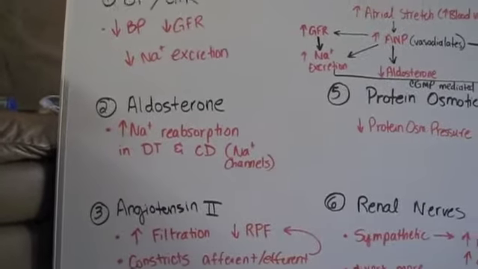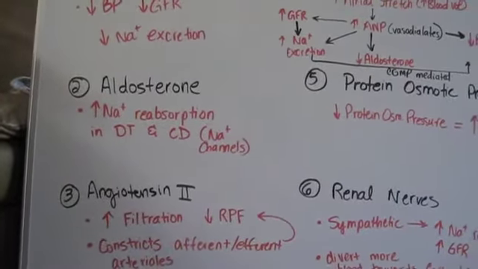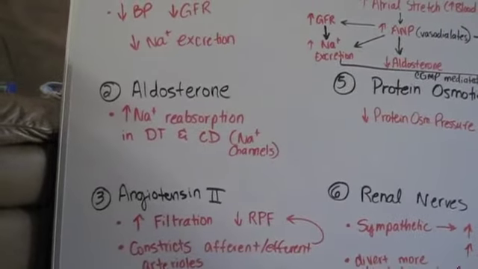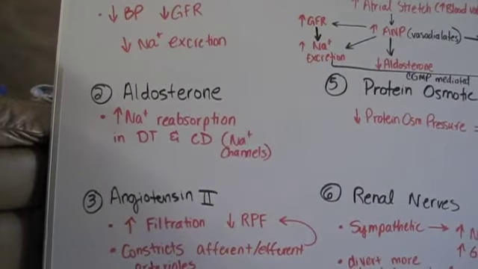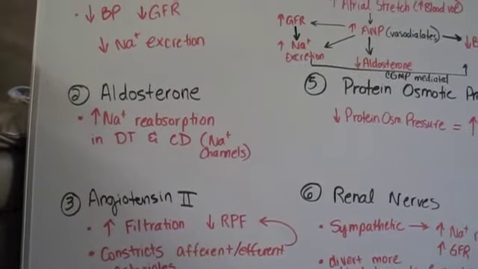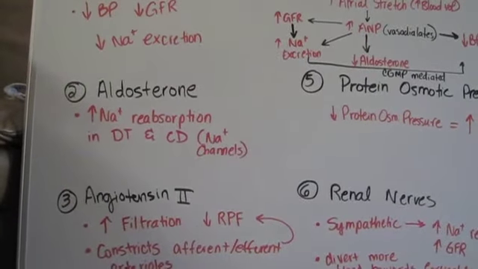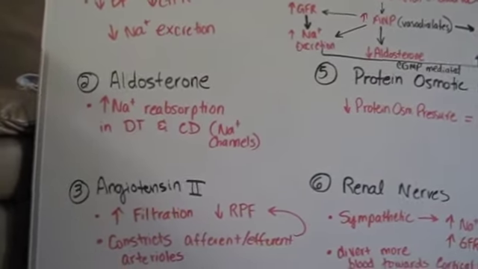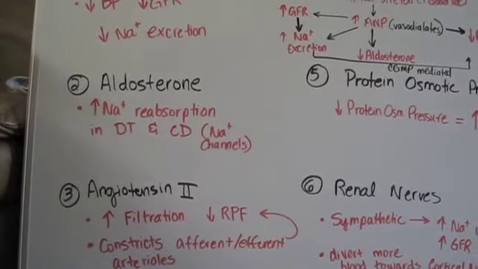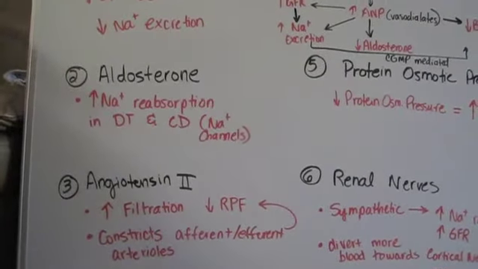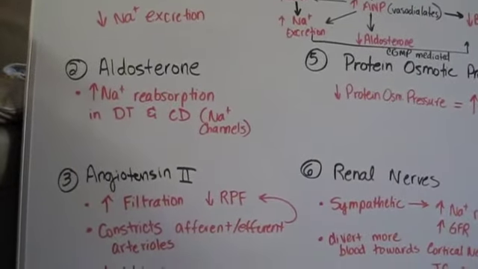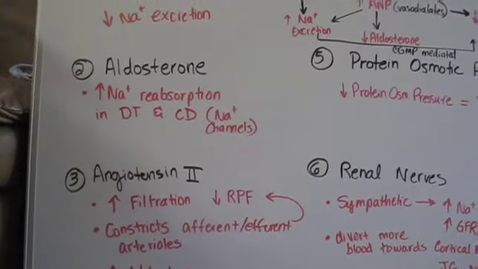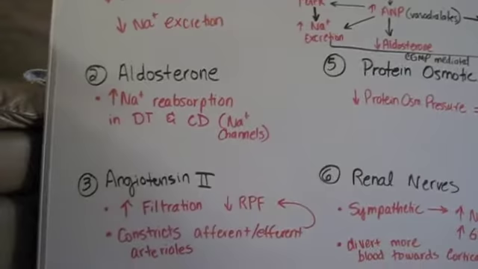The next thing is aldosterone. We know that aldosterone increases sodium reabsorption in the distal tubules and collecting duct. How? Well, we have those sodium channels, and they're going to be more open, so that we can increase the amount of sodium not in the tubules, but inside of the blood.